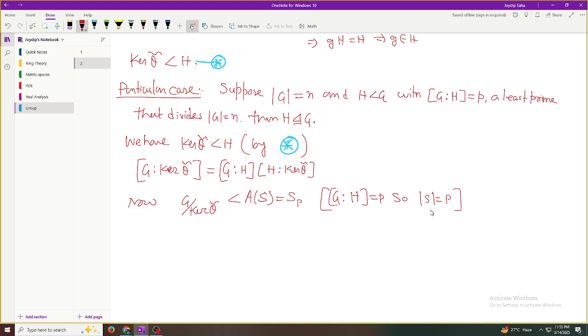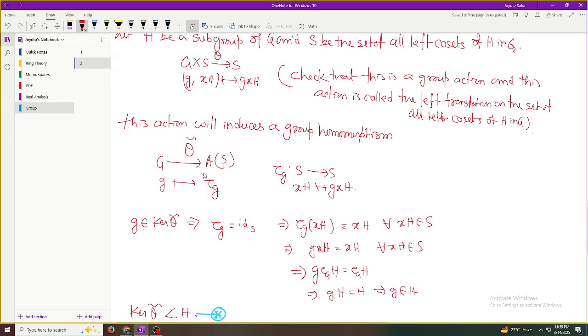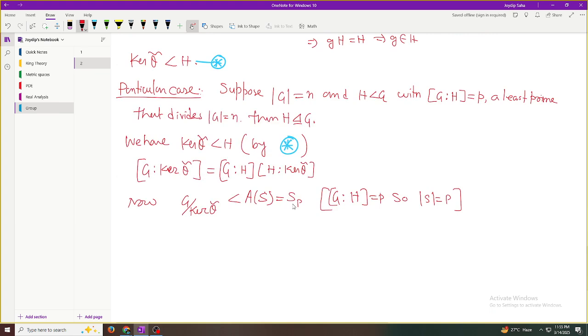Therefore, for the set of all left cosets I have here A(S), that is S_p. So G over the kernel of theta tilde is a subgroup of S_p, so its order divides, by Lagrange's theorem, the order of S_p, that is p factorial.